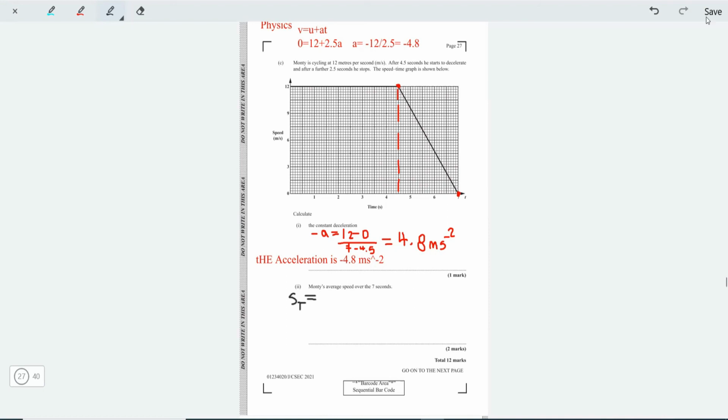Just to write it in words so you can follow: total distance is area of the trapezium. The area of the trapezium is half the sum of the parallel sides. This side has a length of 4.5, this side has a length of 7.